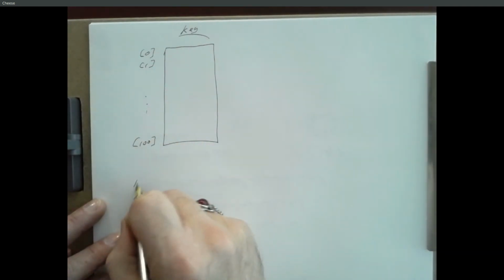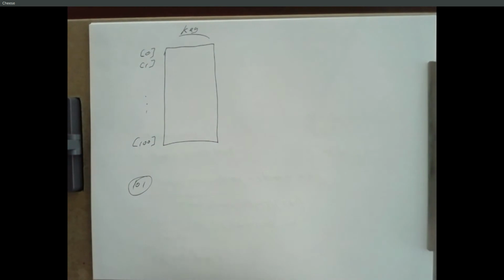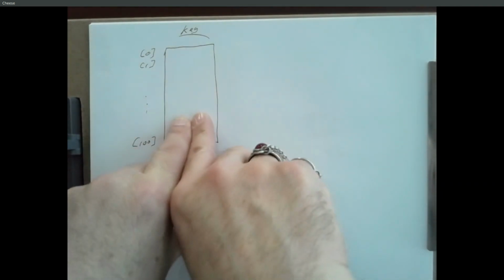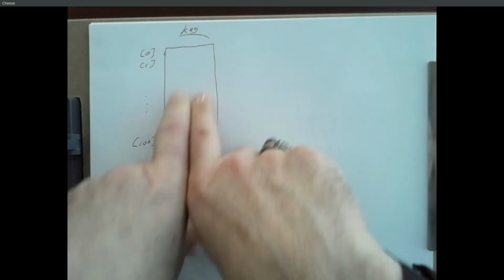And I'm just going to assume a length of 101. We need to have space in here to actually store the key. So if our key is a string of 15 characters, we have to have space in each of these locations for a string of 15 characters. We want to store exactly the key that was used inside here.